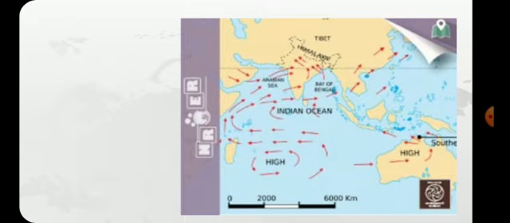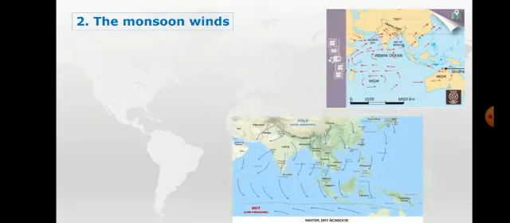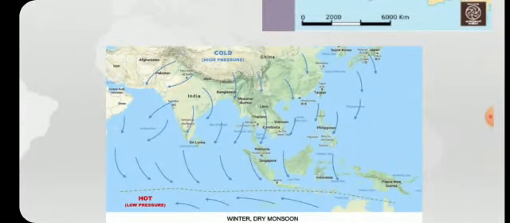Then you can see the southwest monsoon starts to retreat. Retreat means it will be coming back. It retreats by the end of September from Punjab and Uttar Pradesh, by October from central India, and by the end of November from South India.